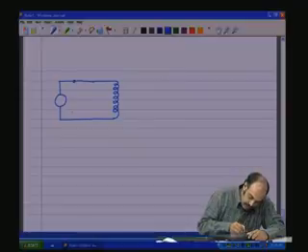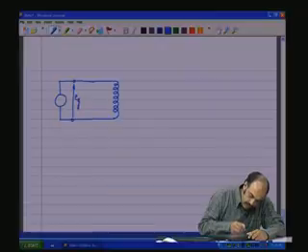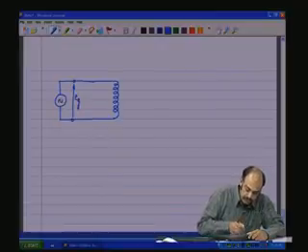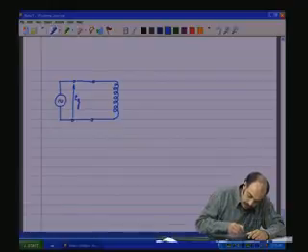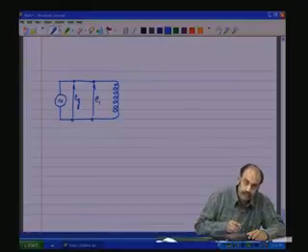I will still name it as EG, the generated voltage or the applied voltage. This is the generator voltage which is applied, and there is an induced voltage across the primary.